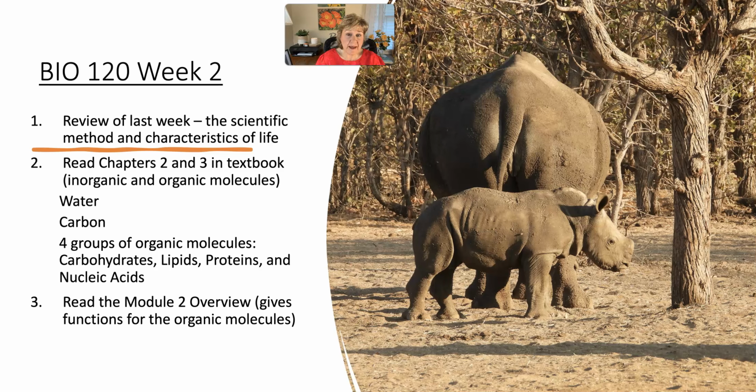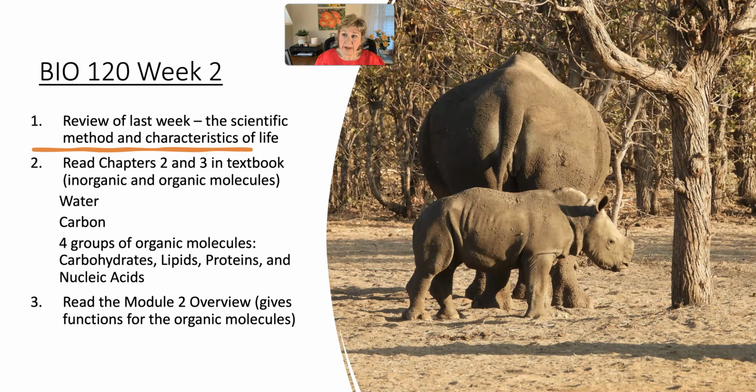Every living thing has to have all of those characteristics, depending on your list. I've seen lists that have 4 characteristics because they combine a bunch of them, and lists that have 8 or 9. It really doesn't matter. They're all the same basic characteristics, just organized in different ways. So we learned about characteristics of life.